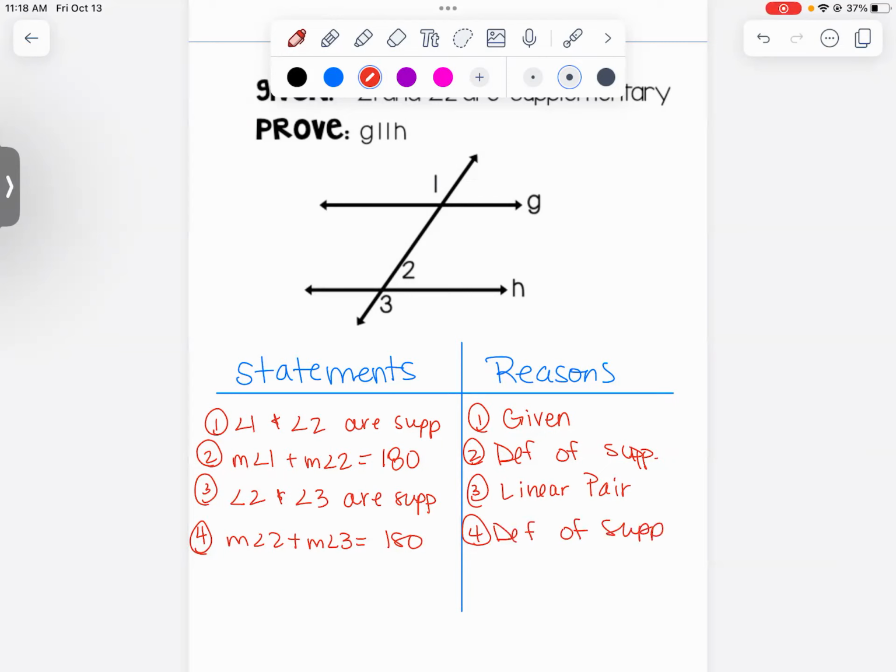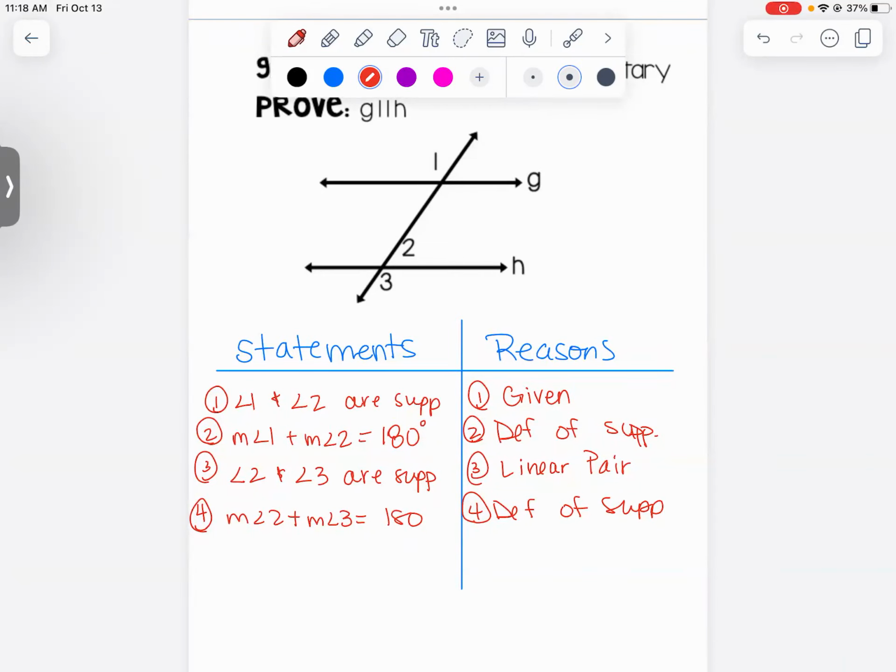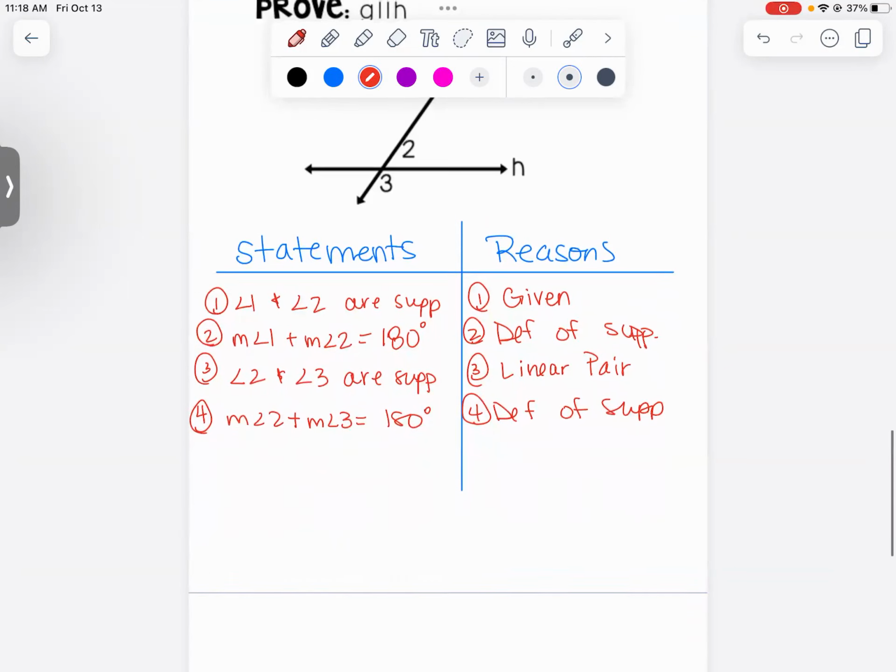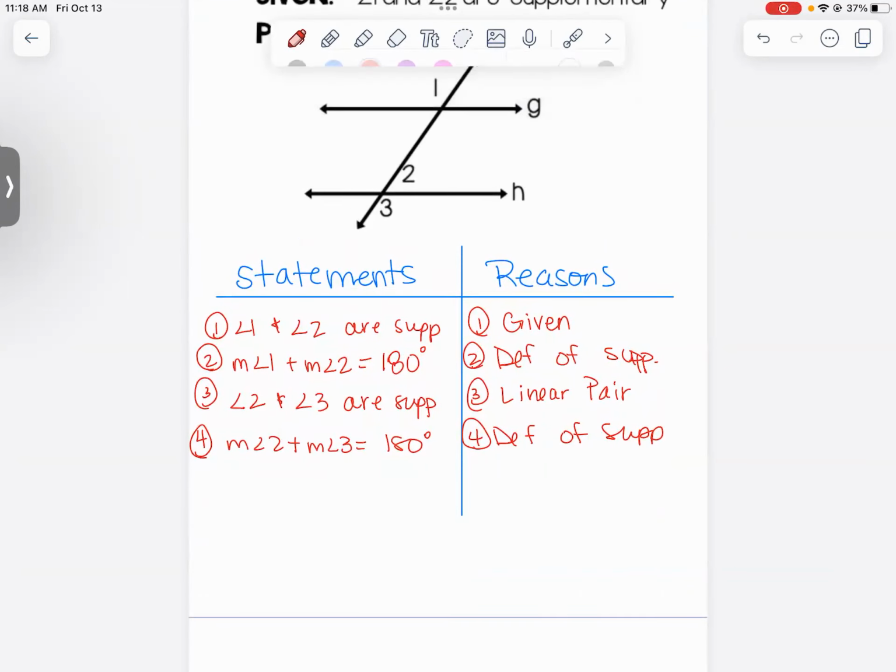We're getting closer. I should put my degrees there. What can we do now?